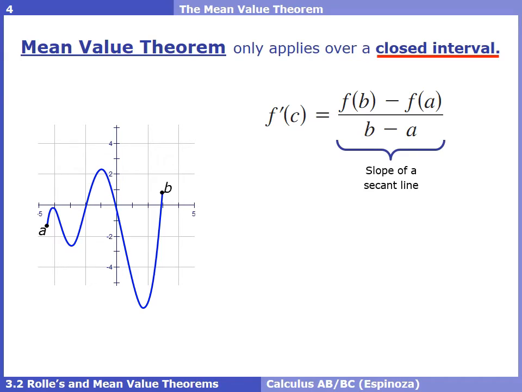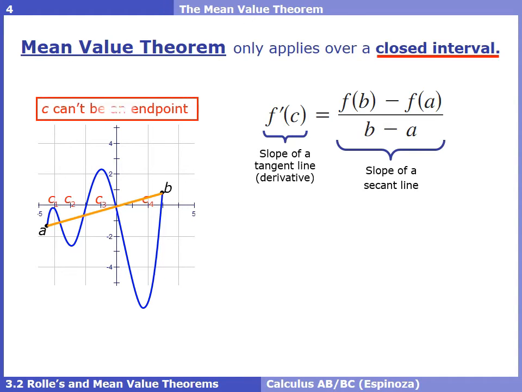And then of course we have our mean value theorem equation that you see here. So gotta be clear, the right side of that equation is talking about the slope of a secant line. It's the slope through 2 points. The left side of the equation is looking at the slope of a tangent line, or in other words, a derivative. So in this particular picture, we have several c values, and I'm just doing this visually here. If I make a secant line that goes through point A and point B, since this graph is so wavy, there's going to be several tangent lines that share that same slope.